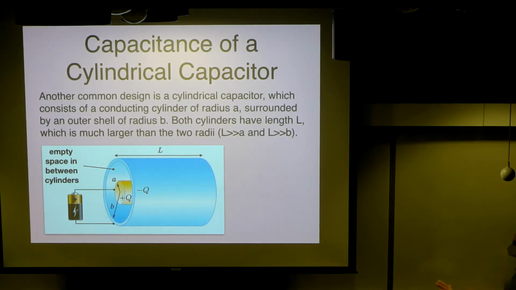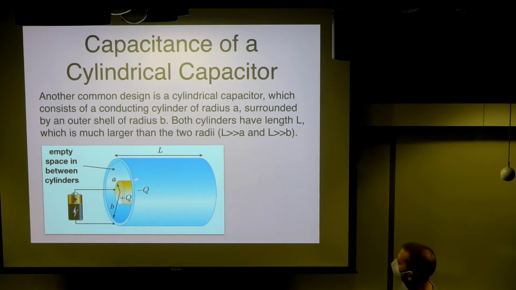So we've been talking about a parallel plate capacitor up until this point. Let me show you a different design. Okay, this is a cylindrical capacitor. And here's what it consists of. We have a conducting cylinder.